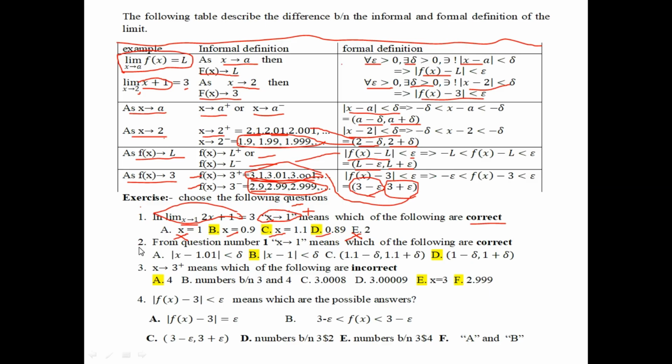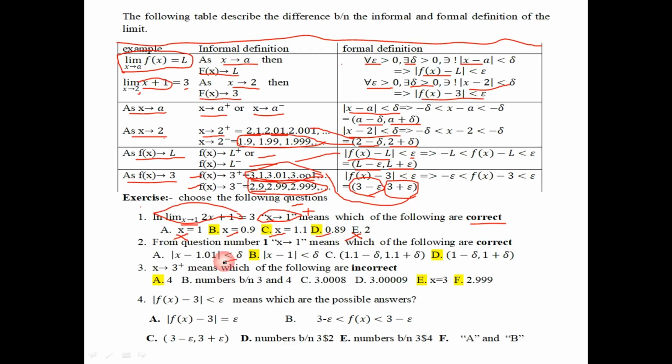Same for number 2. From the given limit, x approaches 1 means which one of the following is correct? The same is true. Using the formal definition, is it the absolute value of x minus 1.01 less than delta?